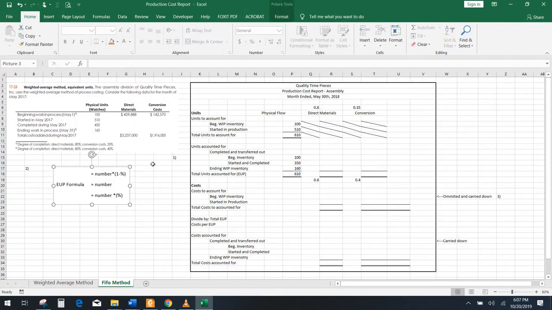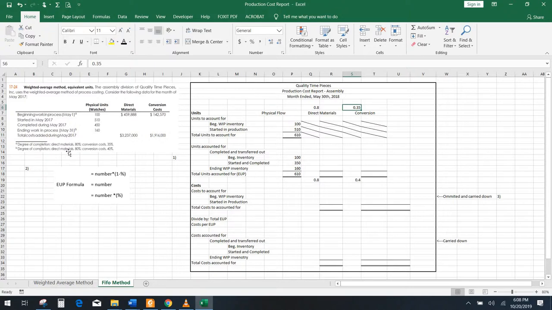The second major change is how we calculate our EUP formula. In the weighted average method, we didn't use this top number right here. We just used these two numbers. But now we're going to use this top number, and the way we use this top number is I put the degree of completion for the beginning inventory up here, 80%, 35%, up at the top. And I'll use the top formula to calculate those numbers.